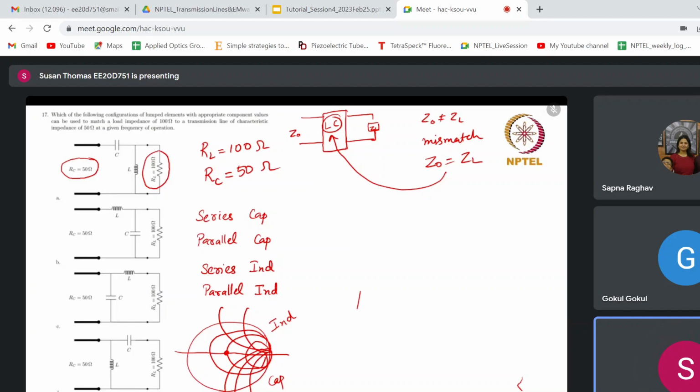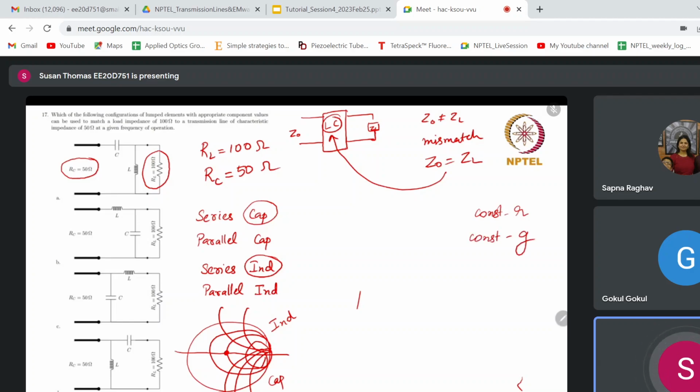So the trick here is if you add a series capacitor, okay? So if you add a capacitor, it moves towards the lower half of the Smith chart. If you add an inductor, you move towards the upper half of the Smith chart. Now, what about series and parallel? So there is a constant R circle and there is a constant G circle.